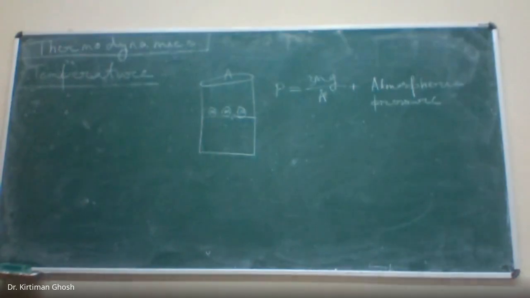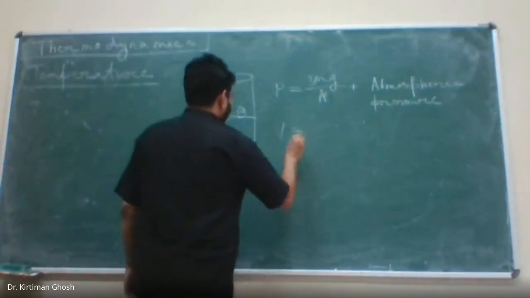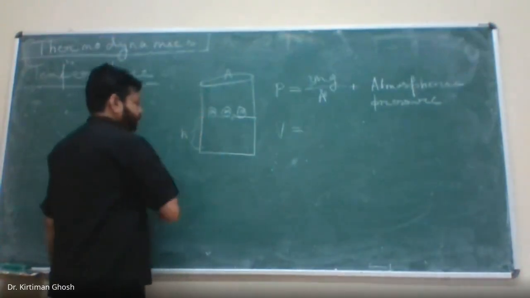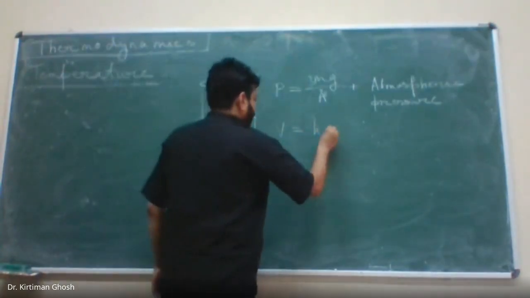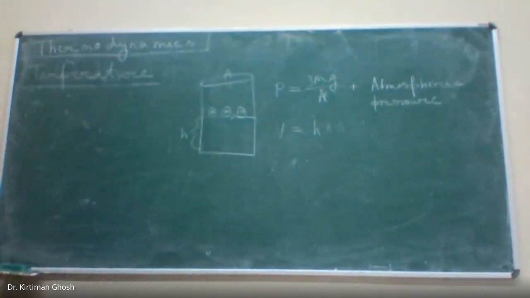So this is the pressure. The volume is given by, let us assume that this is my height, H times A. So this is the volume of this cylinder.